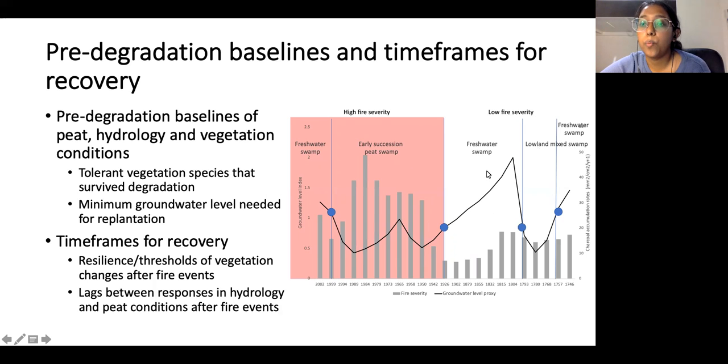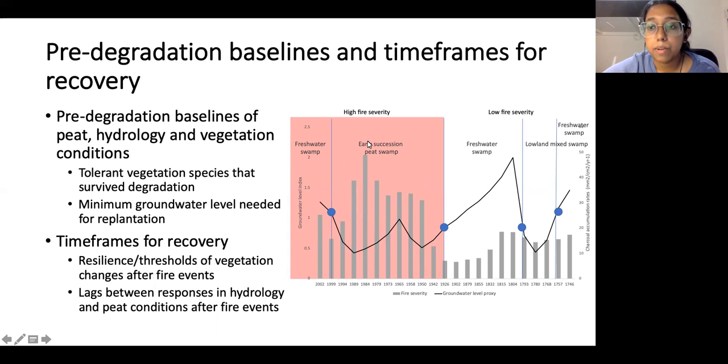And again, when they reach a certain groundwater level, we start seeing freshwater swamp being the dominant species again. And it's interesting that there is a period where you don't see any freshwater species, which is when there were a lot of fire events, high fire severity, and also groundwater levels were consistently low.